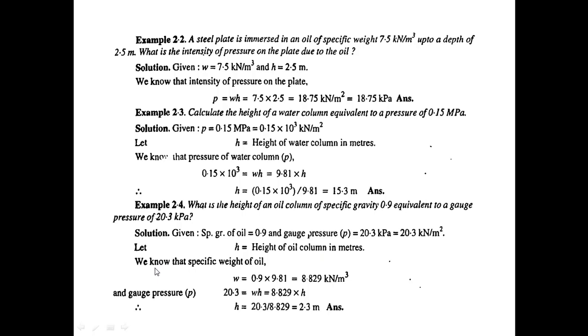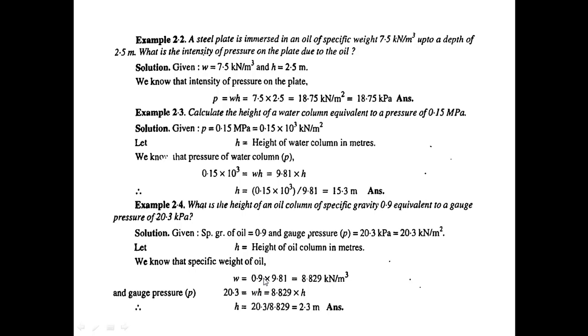First of all, we know that specific weight of the oil omega is equal to 0.9 multiplied by 9.81. As for specific gravity, we already studied in lecture number 1 that specific gravity is equal to specific weight of the liquid divided by specific weight of pure water at 4 degrees centigrade, which is 9.81.